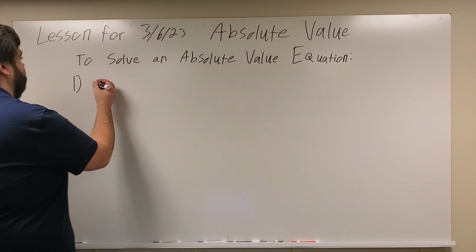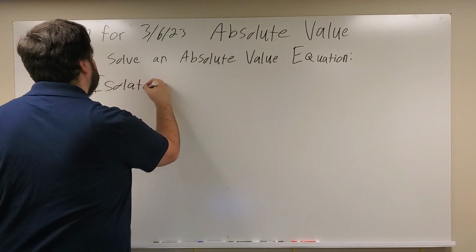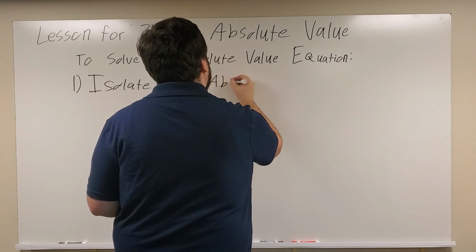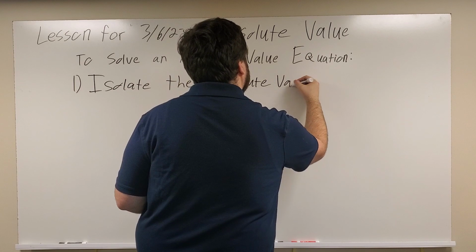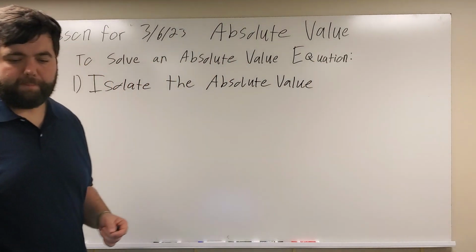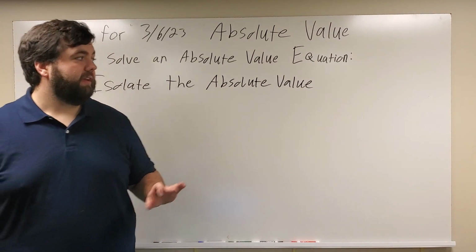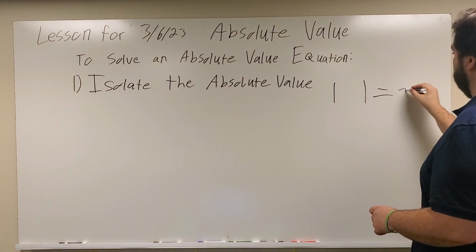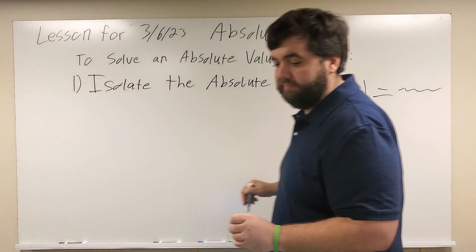So first step: isolate the absolute value. What isolate means, in case you've forgotten, is get the absolute value on one side of the equal sign and everything else on the other.